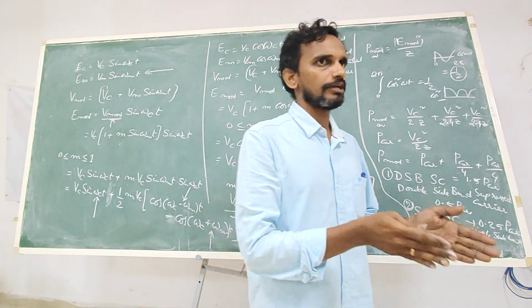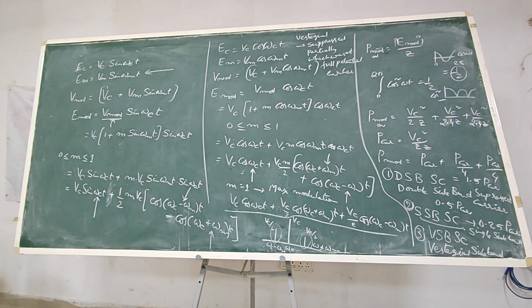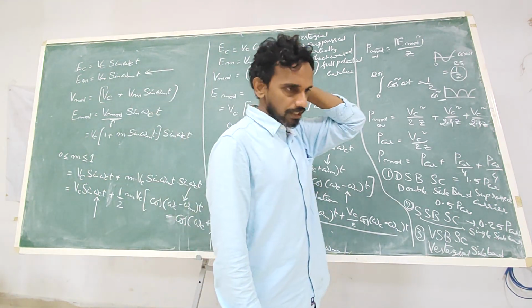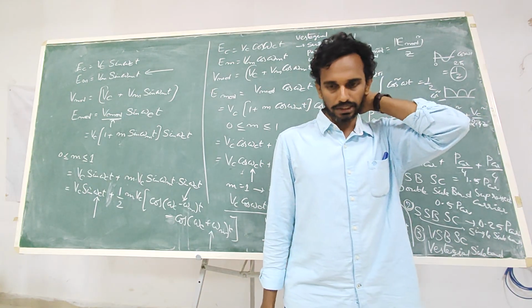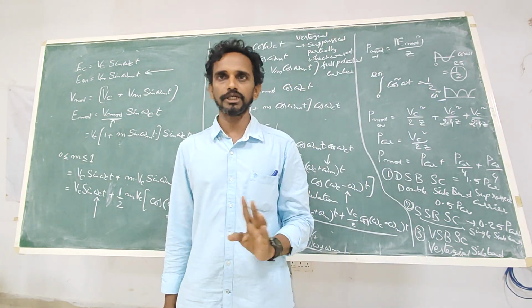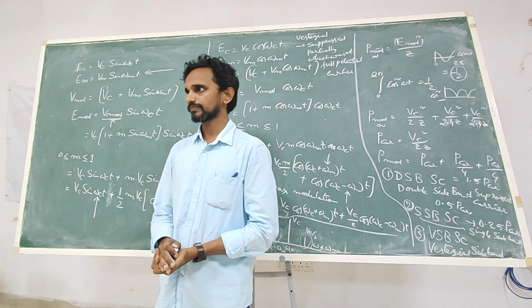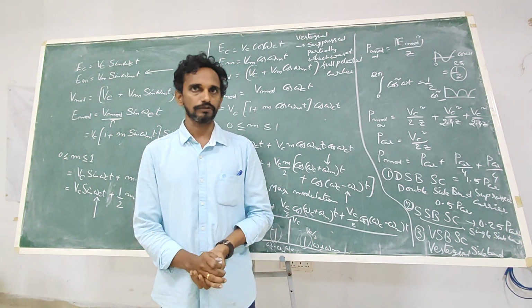So in vestigial sideband, one sideband is transmitted completely, and another sideband is transmitted partially, I mean with lower potential.